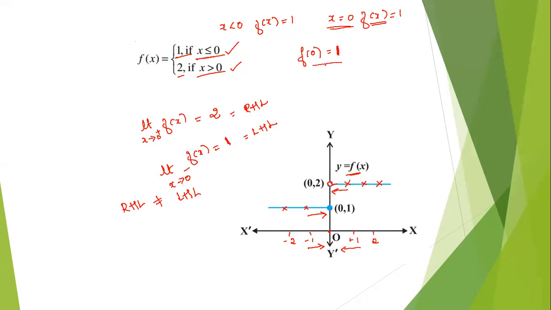So, we have f of 0 is 1. So, here our left hand limit and functional value are the same, but the right hand limit and the functional value are not the same, isn't it? Right hand limit we got as 2 and here we got 1. So these are not equal. So we say this function is not continuous.